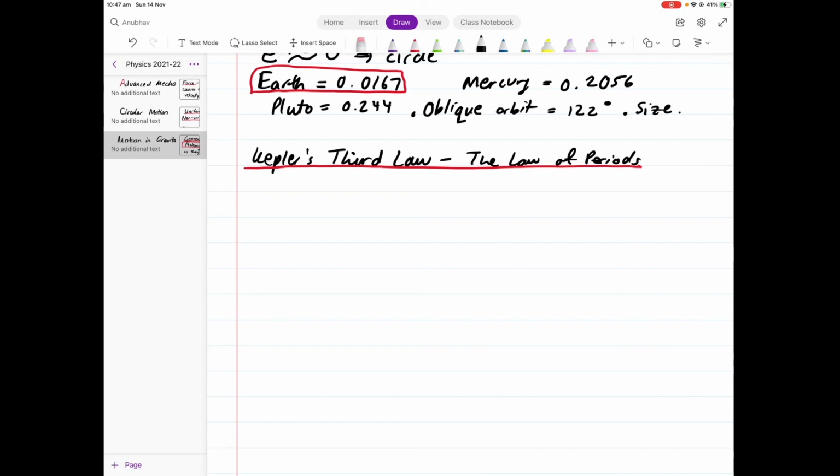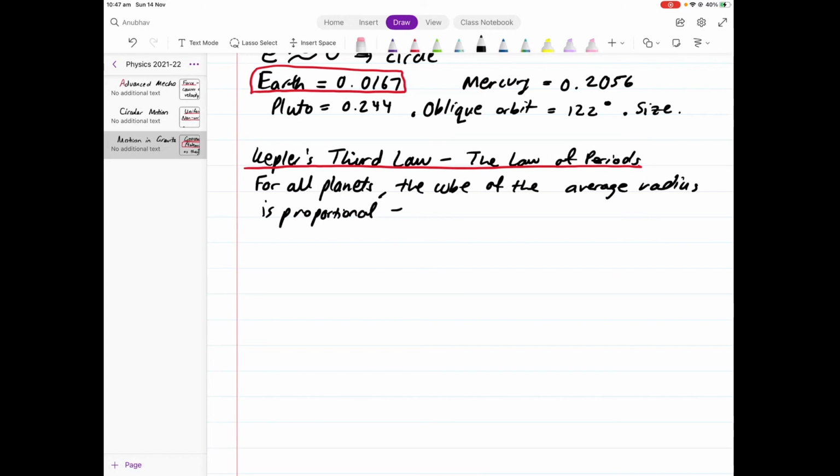This one is. His law simply states, for all planets, the cube of the average radius. Now we're saying average radius because remember it's an elliptical orbit, so technically you can't call it a radius, but the average radius is proportional to the square of the orbital period.